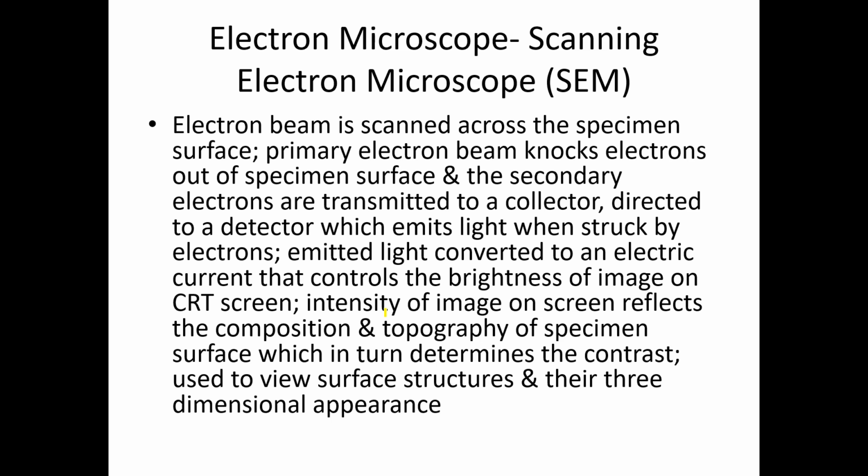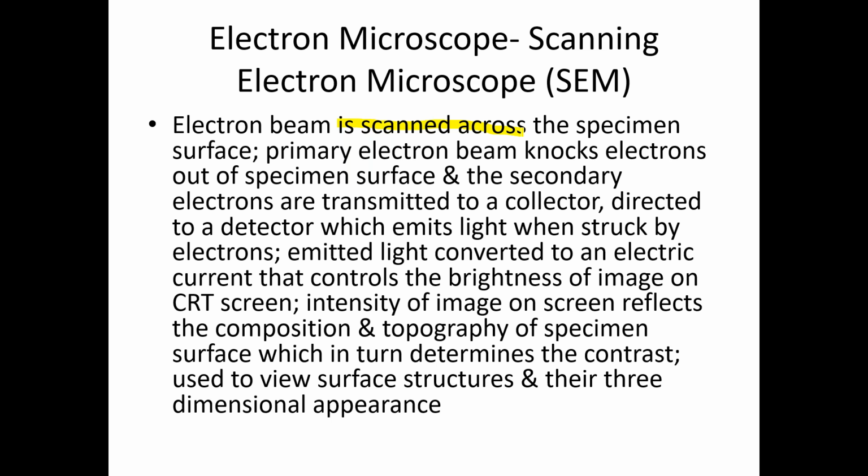In transmission electron microscope, the electron beam is transmitted from a hot tungsten filament, which is directed onto the specimen by means of a set of electromagnets. Clear? Whereas in scanning electron microscope, the electron beam is scanned across the specimen.